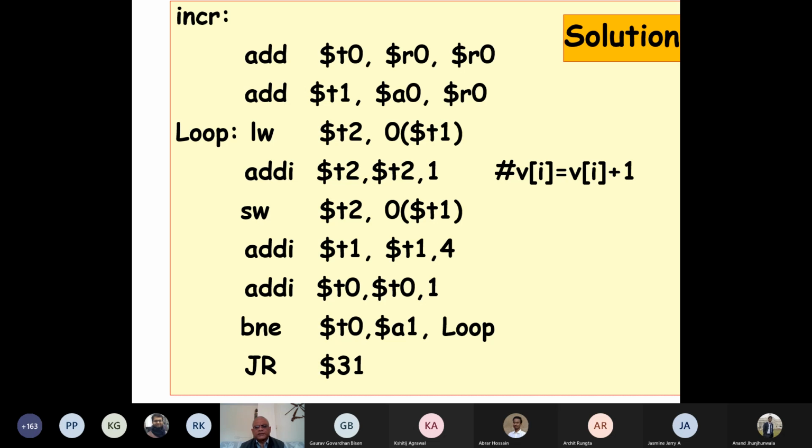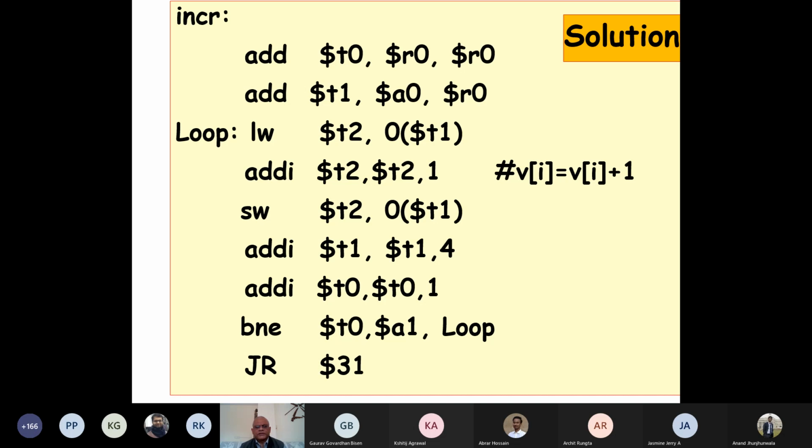Because we might be accessing a character or an integer or something, that's why the designers of the MIPS assembly language have this immediate constant as a byte in load word and store word. Unlike the jump and branch where we specify a word, here we specify a byte, and therefore we added 4 to indicate the next element of the array V.